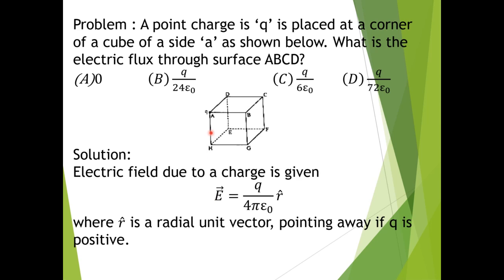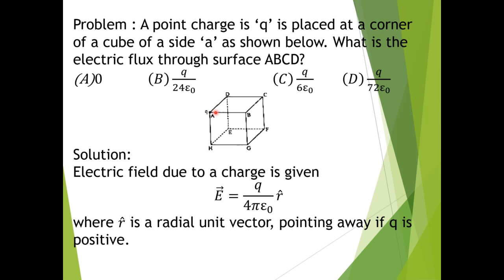So here is a cube which has a side A, and the question is what is the electric flux through surface ABCD. So we want to find out what is the flux through this surface.